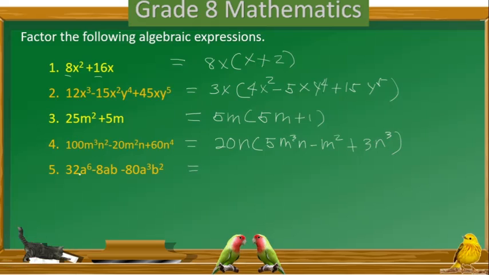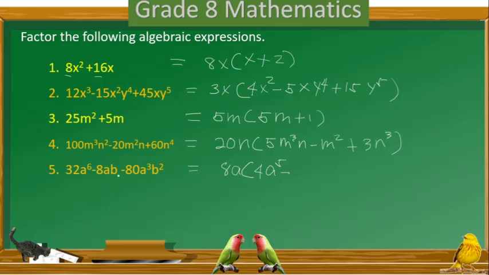Then for this one, 32, 8, and 80, we know that 8 can divide 32, 8 by itself, and 80. So this is 8. Then for a, we have a. For b, we do not include b because b is not common to all. So this is now our divisor. So 32a to the 6th divided by 8a, that is 4a to the 5th.